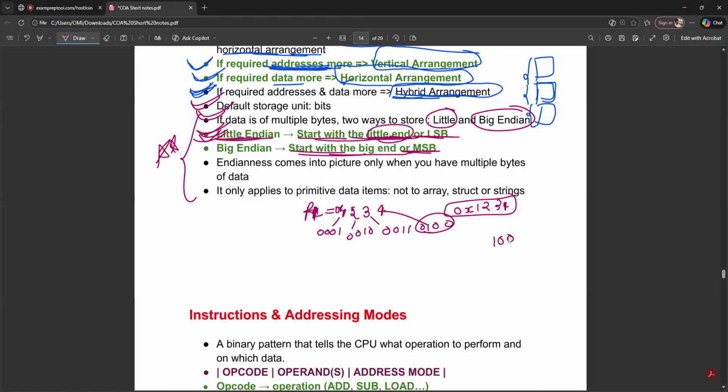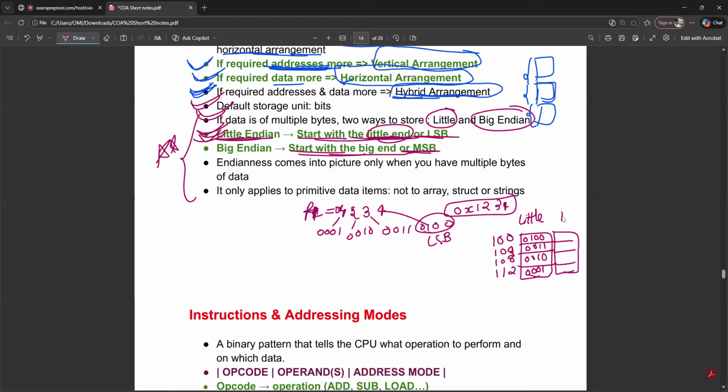Let's say you have memory locations 100, 104, 108, 112. In little endian, it starts with the LSB, so the LSB will be stored here, then 0011 here, 0010 here, and 0001.